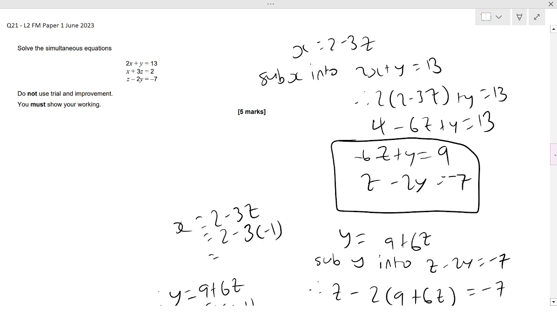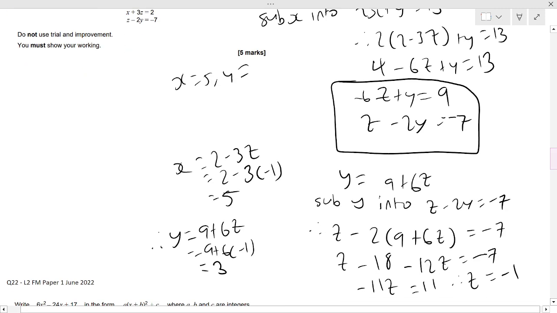So that's going to be 2, minus 3 times minus 1 is positive 3. So it's going to be 2 add 3, which is 5. So therefore x is 5, y is 3, and z is minus 1 is a solution here, if you substitute it in like that.